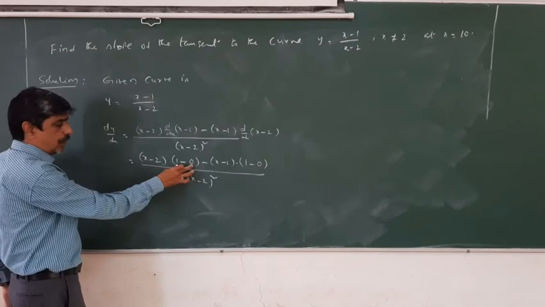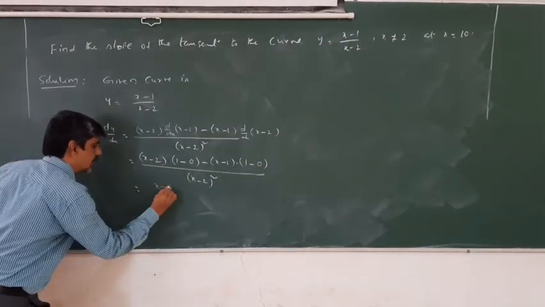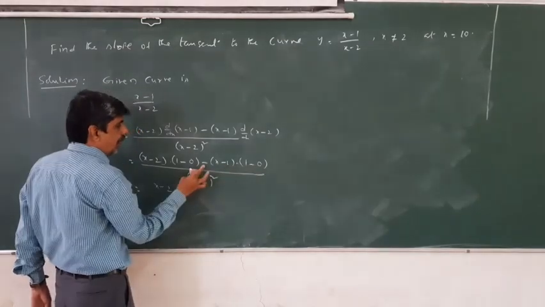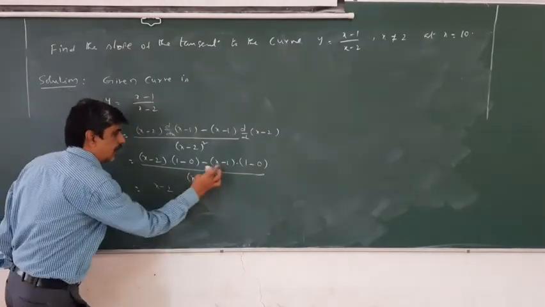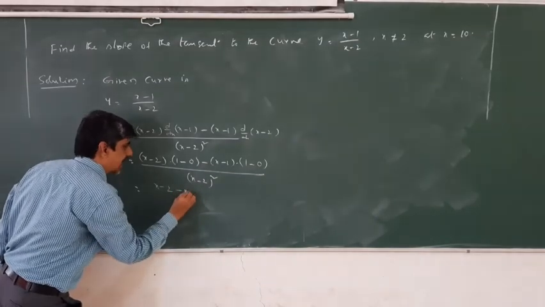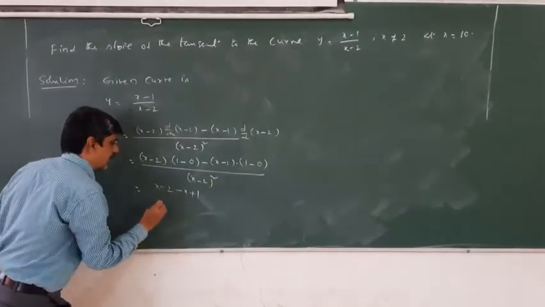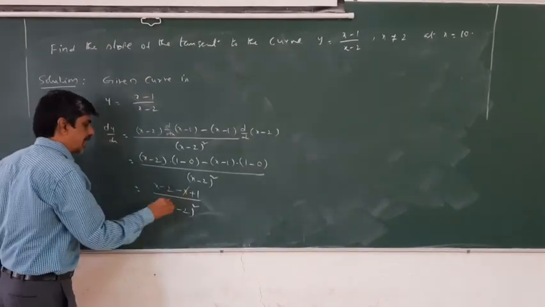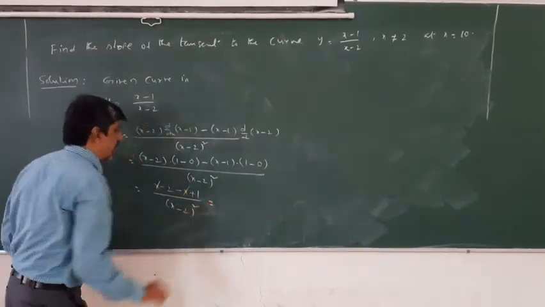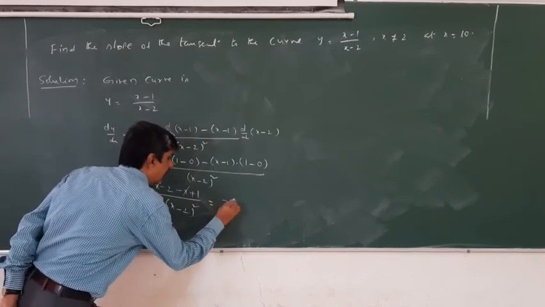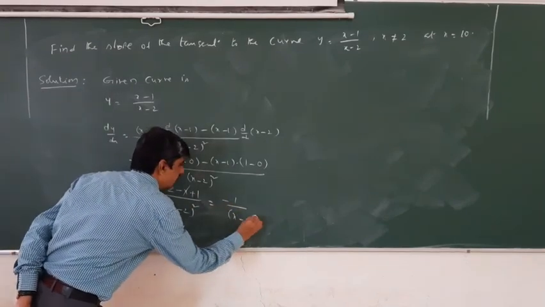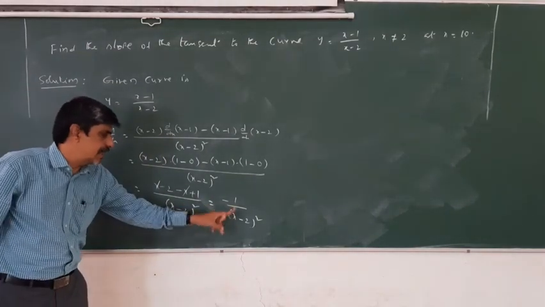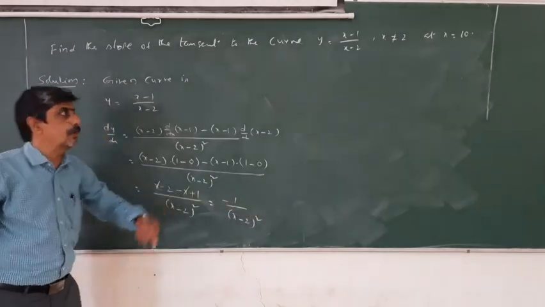So here 1 minus 0, 1 into x minus 2 is x minus 2. Here also 1 minus 0, 1 into minus of x minus 1. So minus of x minus 1 means minus x, minus of minus 1 is plus 1, by x minus 2 whole square. So x minus x gets cancelled. So this value is equal to minus 2 plus 1, minus 1 by x minus 2 whole square. So the slope of the curve dy by dx is equal to minus 1 by x minus 2 whole square.